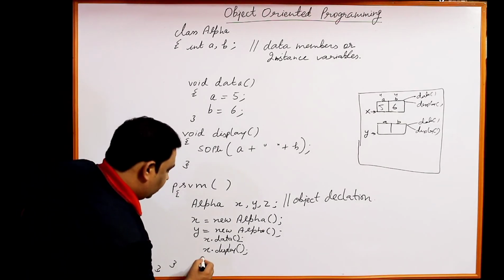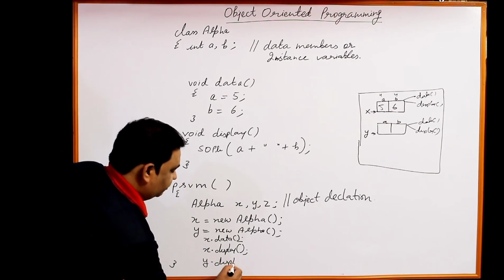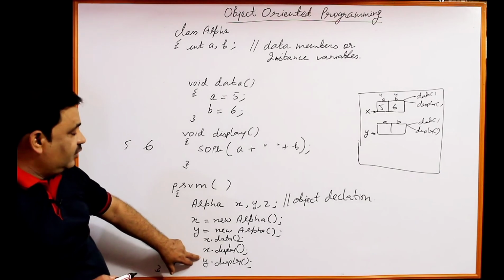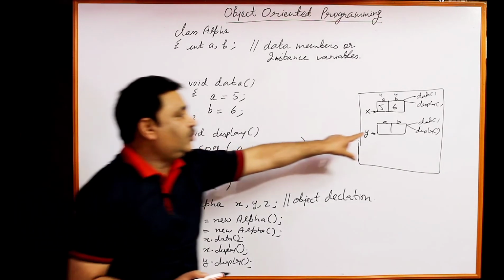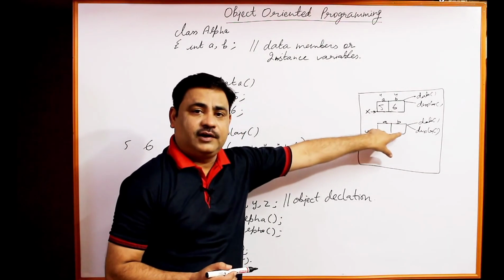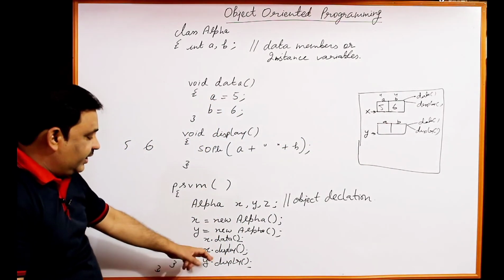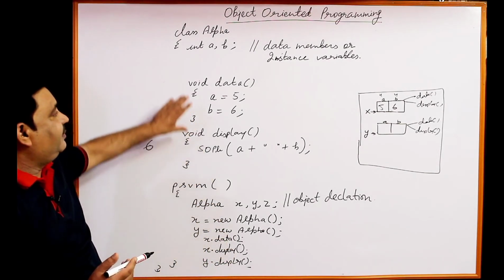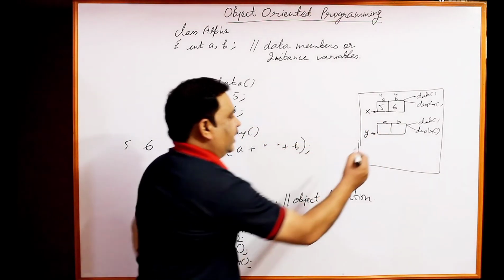Now if I call y dot display, with the help of y object I am calling the display function. Again it will print 0 and 0, which are the default values for y object. So before display you have to call y dot data, then a and b will be initialized with 5 and 6 also for y object.